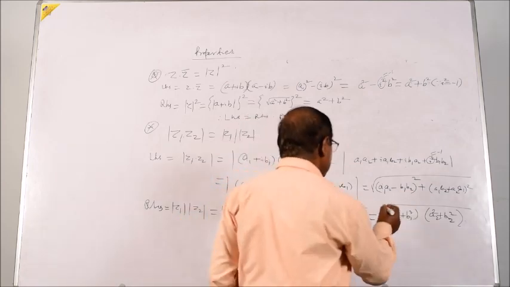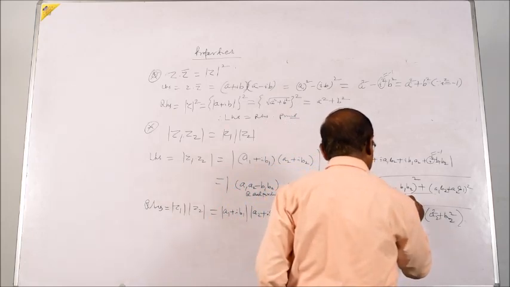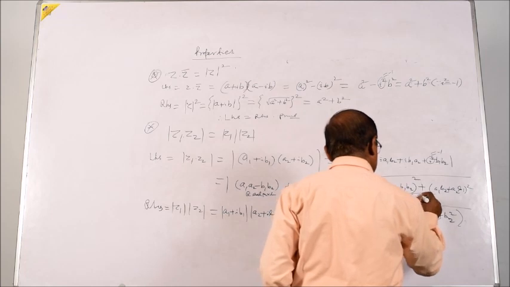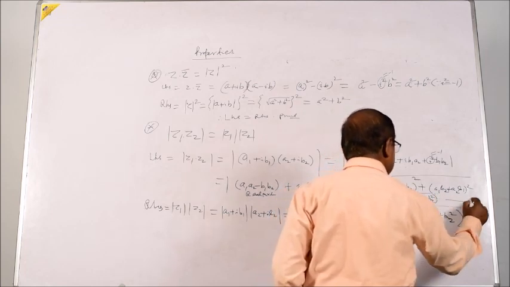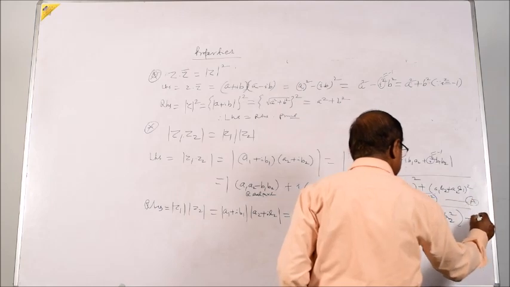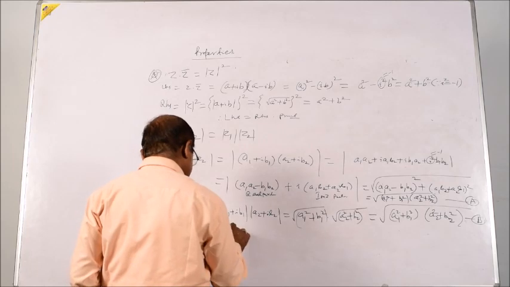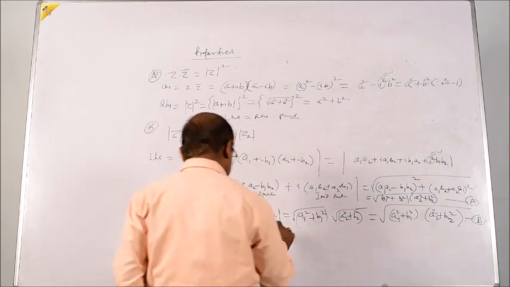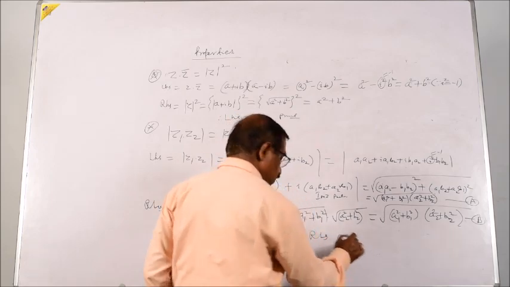After simplification, this will also come like this: a1 square plus b1 square into a2 square plus b2 square. So, this is a and this is b. From a and b, LHS is equal to RHS.